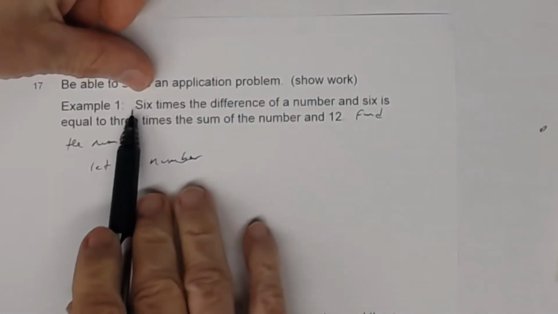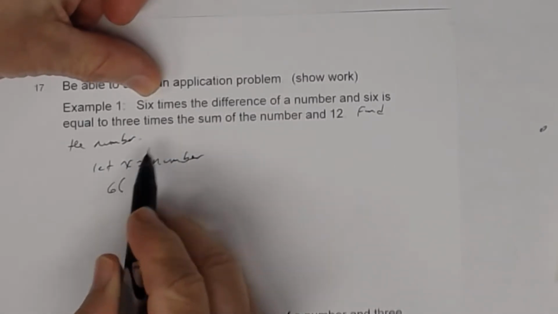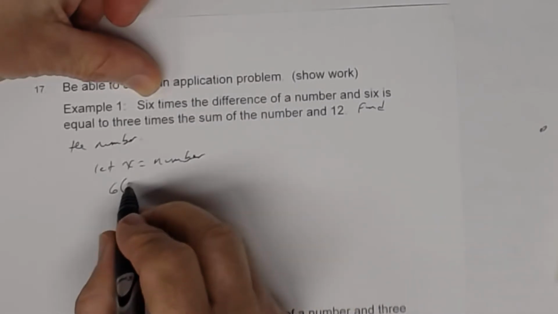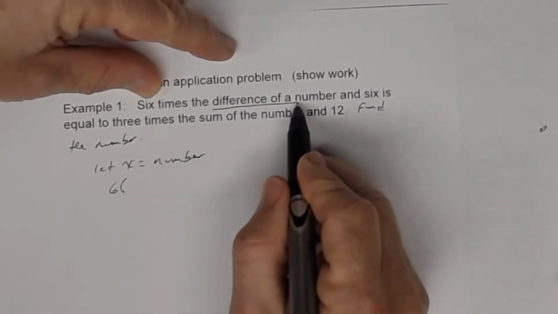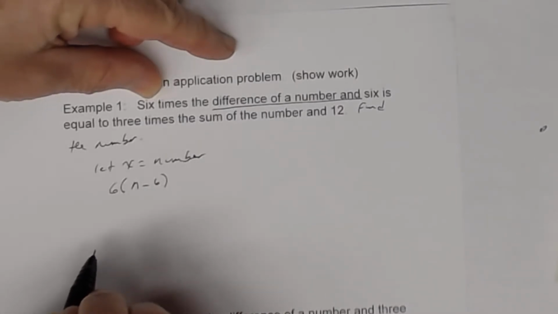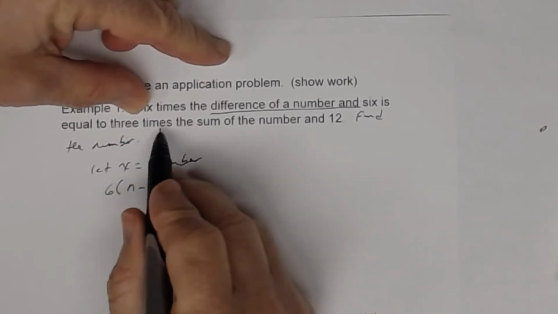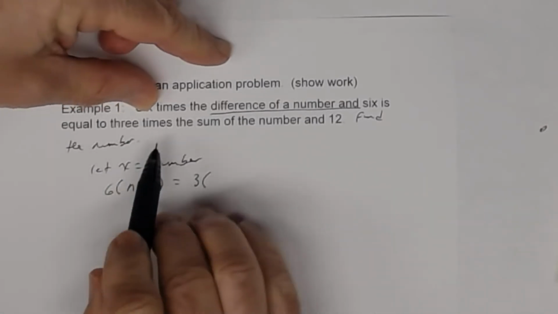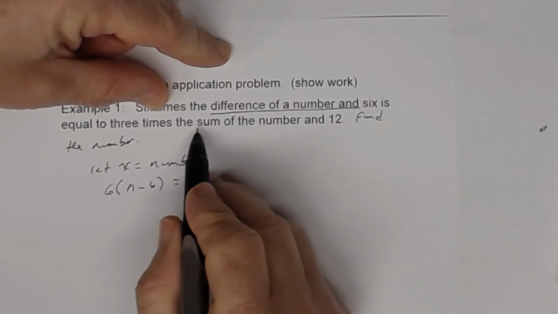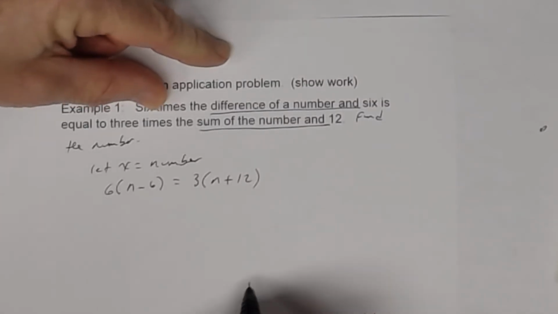As you go from left to right, 6 times the difference of a number and 6 means n minus 6. That is equal to 3 times the sum of a number and 12, so n plus 12. So there's your equation.